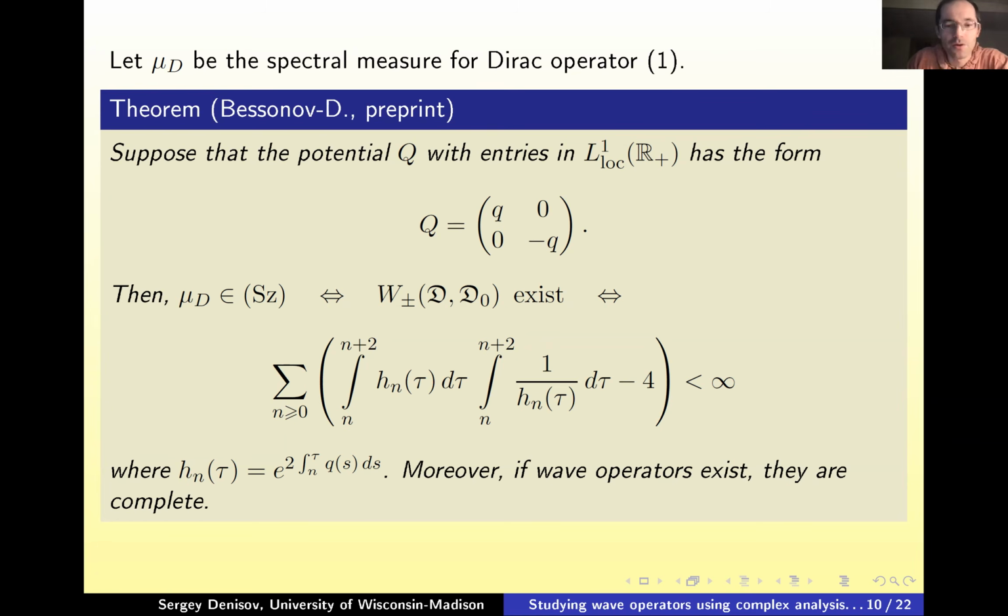Once you check that this sum is finite, that's a criterion for the existence of wave operators, and that's a criterion for the measure to be in the Sergey class. So that's a connection between spectral data, potential, and the dynamics. On top of that, we can show that if these wave operators exist, then they necessarily must be complete.